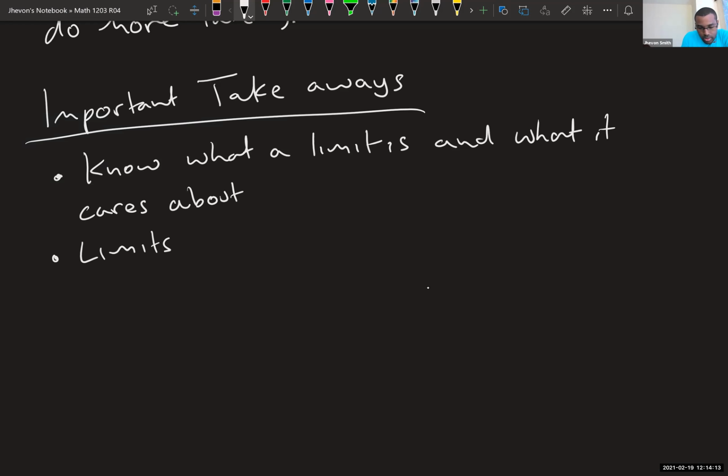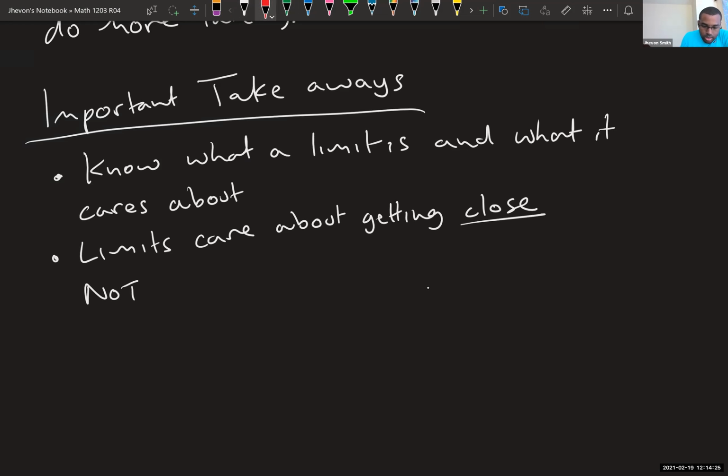Limits care about getting close, not about being at a point, right? So it's about getting close, not about being there. You don't need the value to be filled in. The function doesn't need to make sense at the point where you're taking the limit. That's not what the limit is about, right?